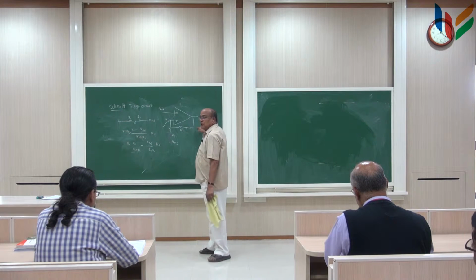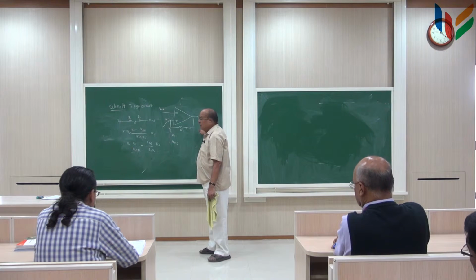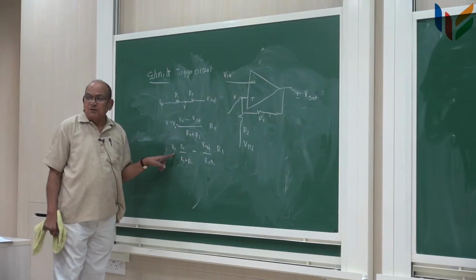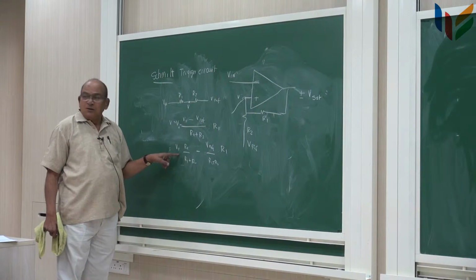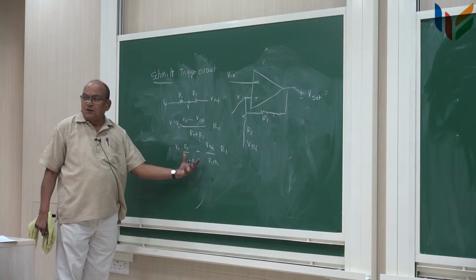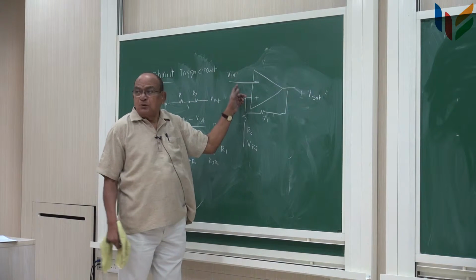Let's assume it is sitting at V sat plus. If it is sitting at V sat plus, this V 0 will be plus V sat, okay, and whatever is this voltage must be compatible with the input here.